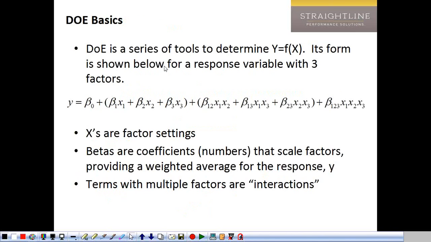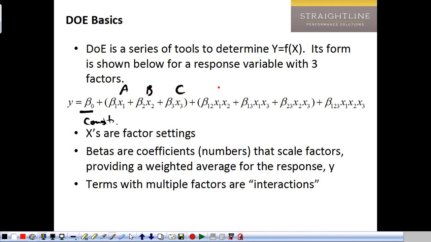Now, one way to think of this is that it's a series of experiments. If you run one, that's a series of one. But to crack the code on this, remember that what we had in DOE was a constant, and then usually we call the main effects A, B, and C instead of X1, X2, X3.